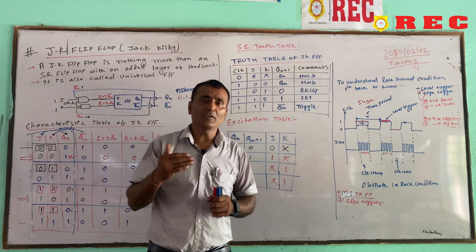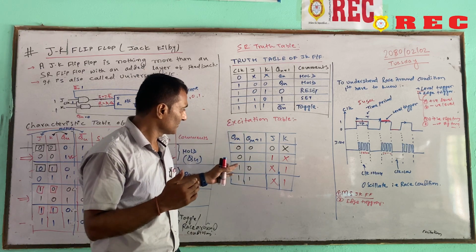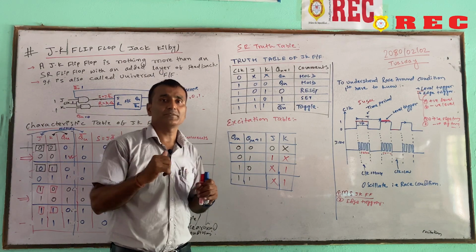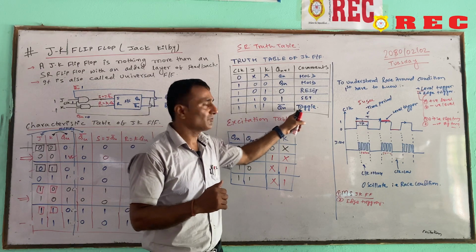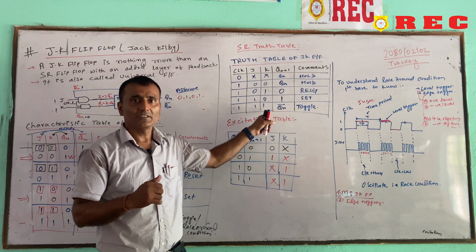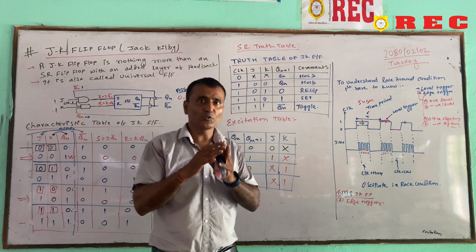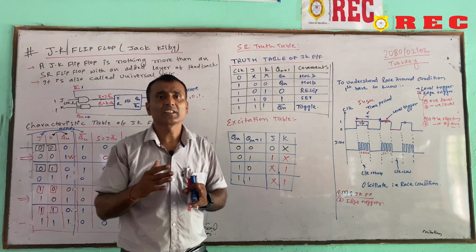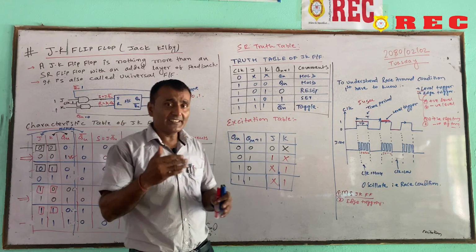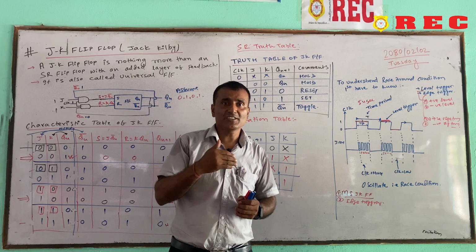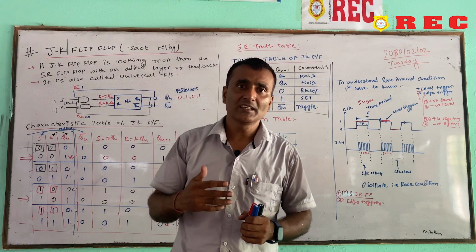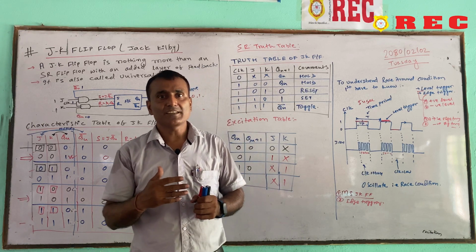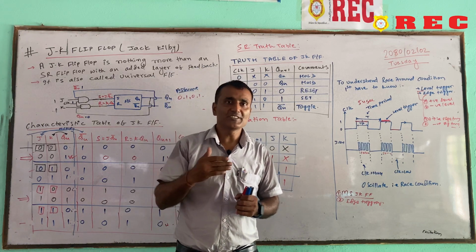In the JK flip flop it was solved, but not totally. While J is equal to 1 and K is equal to 1, it toggled. A little bit it was solved, but not totally. So again we are not satisfied with this, and we will move towards the next flip flop, that is our master slave JK flip flop. So we will see that.